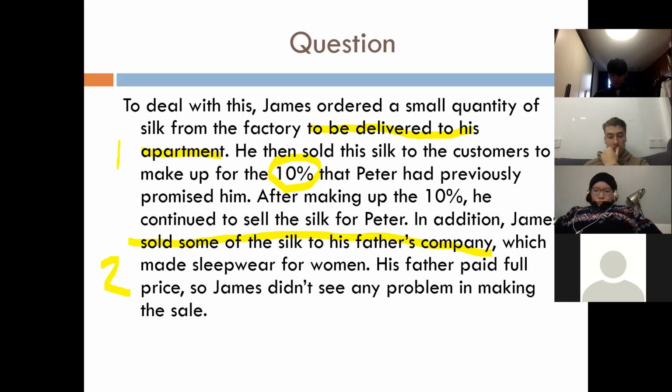Are there any damages here that Peter could get back? Harry or Tiffany? No? Peter made money, and James took some of that money. James sold the silk himself. Do you think Peter wanted him to do that?